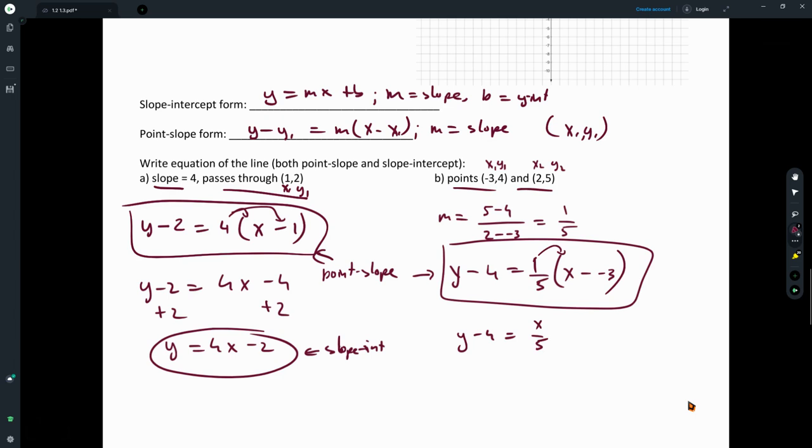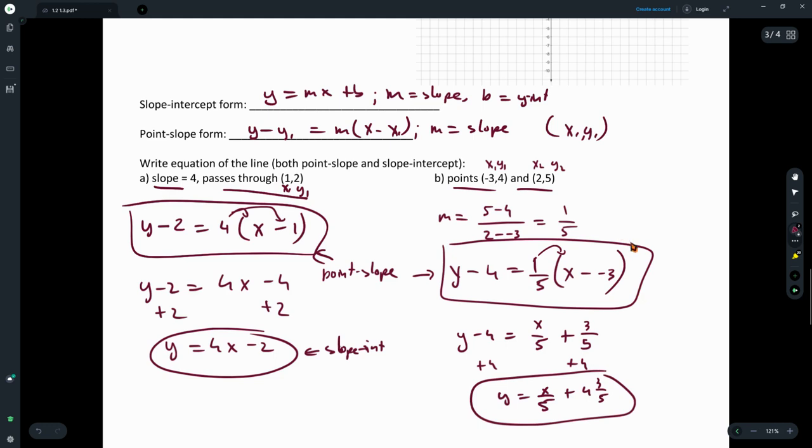This is plus 3/5. And then you add 4 to both sides, giving 4 and 3/5. And that would be your slope intercept form.